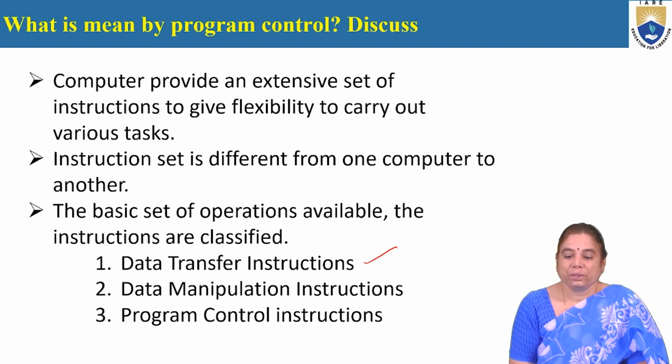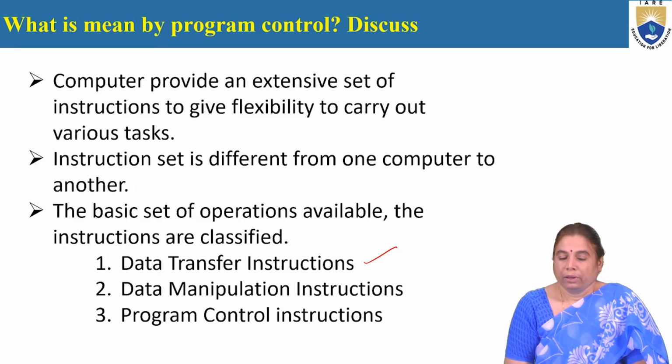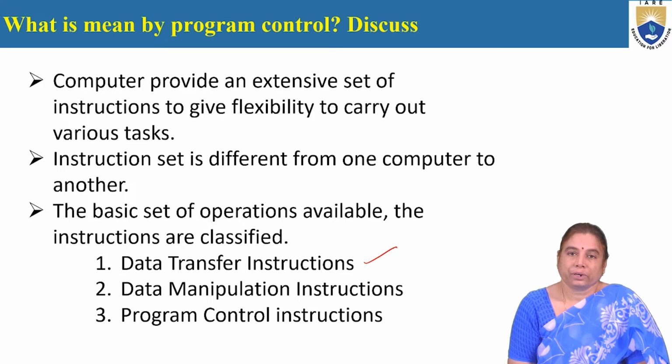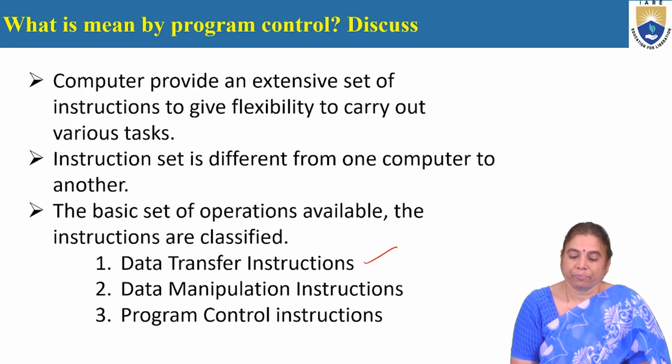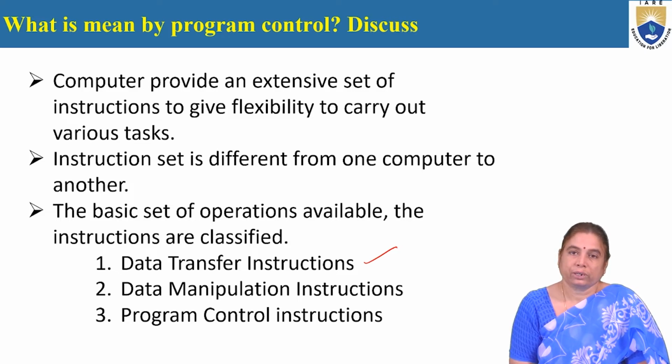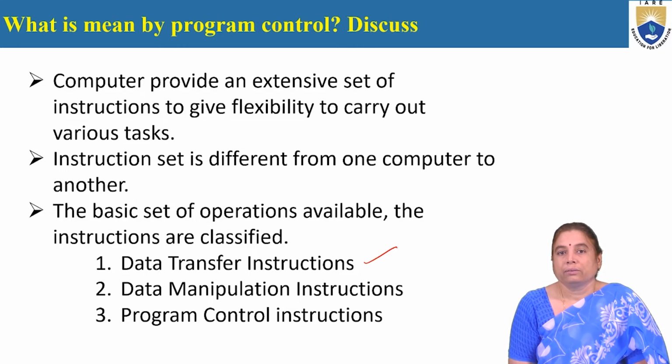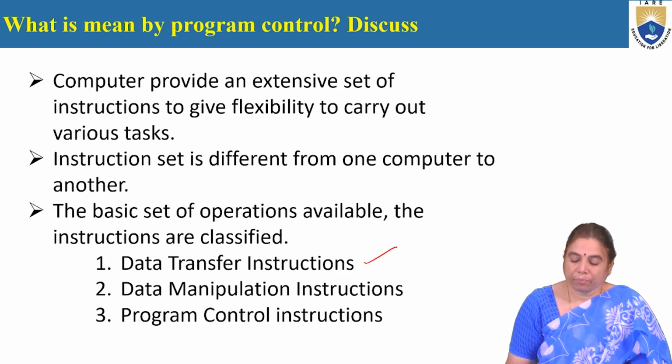Data manipulation instructions provide arithmetic as well as logical processing capacity. All these instructions are examples of data manipulation instructions. The third category is program control instructions. Program control instructions are generally used to alter the sequence of execution of the program.